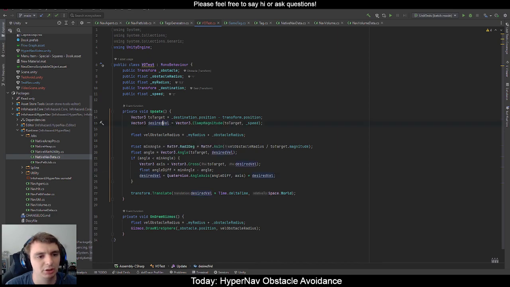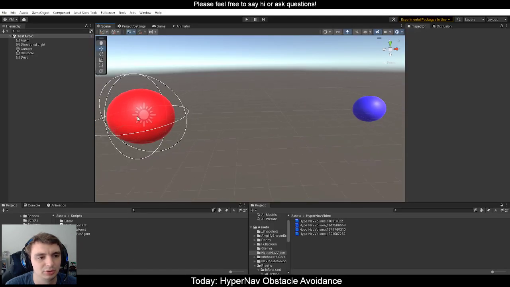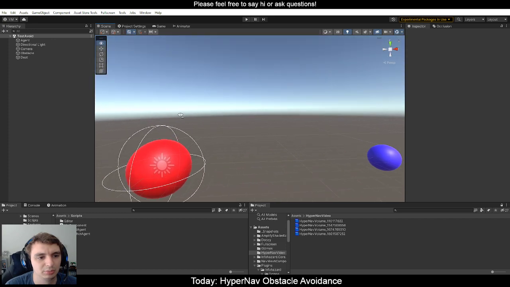So I mean, our toTarget has to be right because it is moving towards the target. The min angle is asin of velocity obstacle radius, which, I mean, this is right.